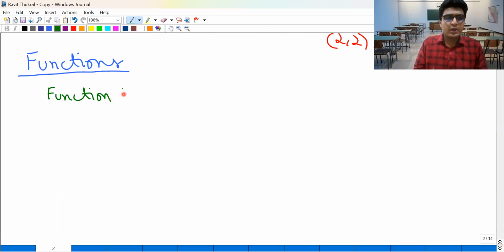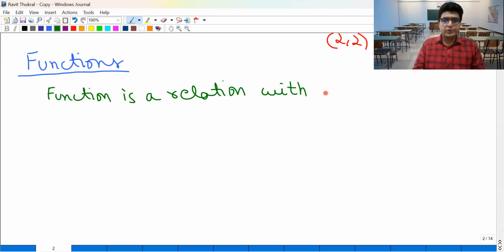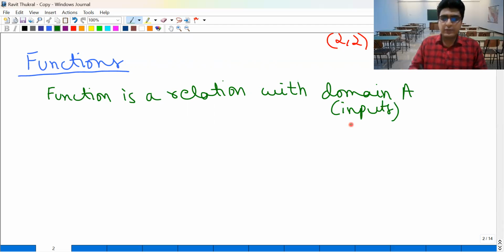Function is a relation with, so in functions we have a domain. Okay, I haven't defined domain yet. So with domain A, basically we'll call it inputs, or when you have an ordered pair xy, this part of this ordered pair is the domain, or we can call it input, and this part of this ordered pair is the output. Okay, so we use inputs to get output from this function.